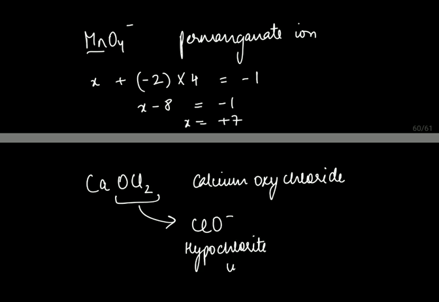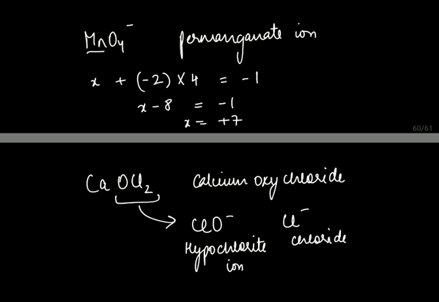In the basics where I was teaching you chemical formulas and nomenclature, you can see those videos. ClO minus is hypochlorite, ClO2 minus is chlorite, ClO3 minus is chlorate, ClO4 minus is perchlorate. So we have two chlorine over here. One is chloride, another is hypochlorite.